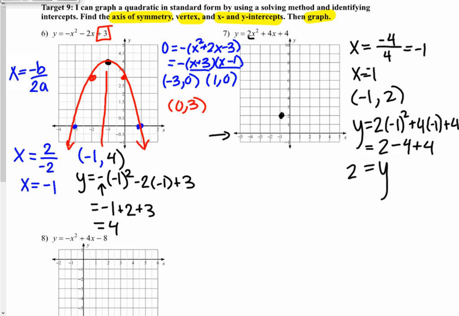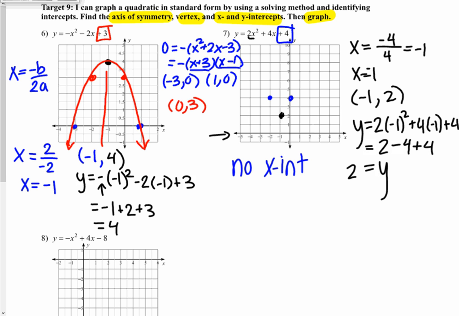So if you can tell from your graph, you don't even need to solve for them. So I'm just going to write that we have no x-intercepts. We'll always have a y-intercept. I know my y-intercept here is at a positive 4. I can reflect that to get another point at negative 2, 4.